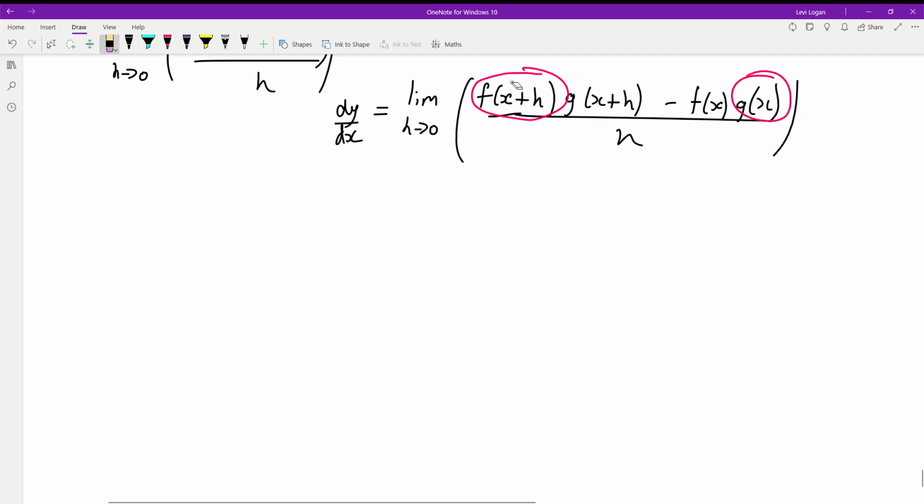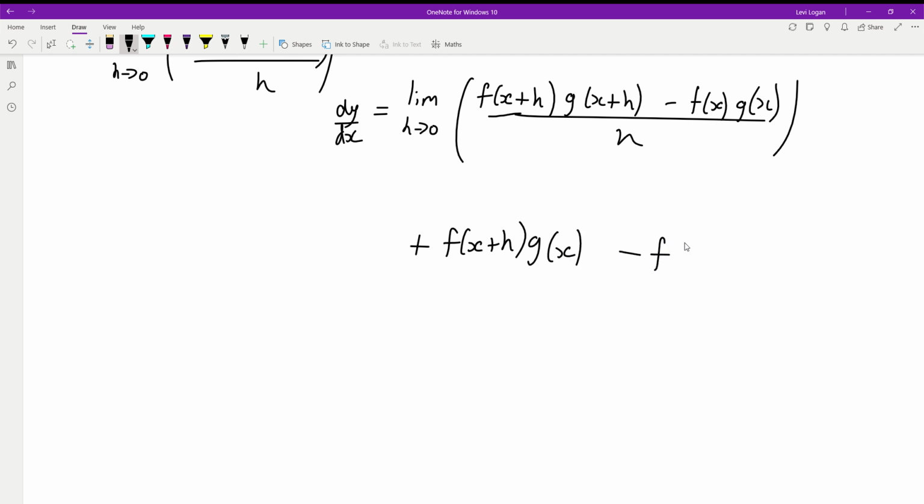Now you could have chosen the other ones, it doesn't really matter, it'll work out the same. So what I'm going to do is technically add nothing. I'm going to plus f of x plus h times g of x, and I'm also going to subtract that. So I'm technically adding nothing. I am plussing 1 and minusing 1. Same thing.